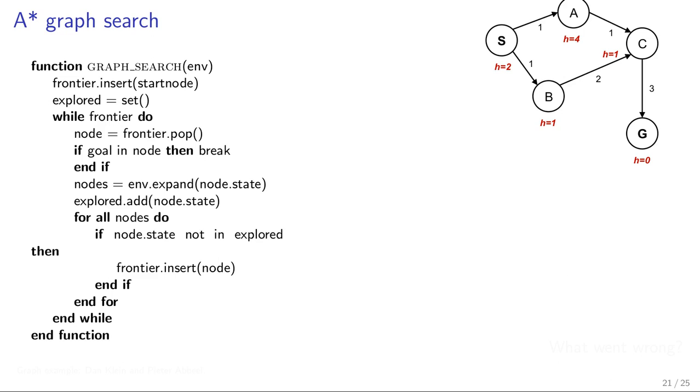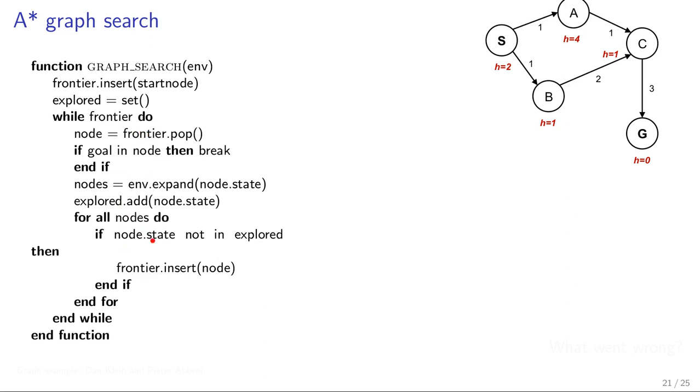Again, we have the graph search and tree search variants of this. Graph search is the one that has these additional conditions, that you have this explored set that you're checking. So this is the pseudocode. Insert the start node. The explored set is initially empty. You have your frontier.